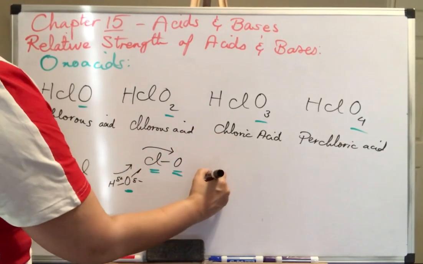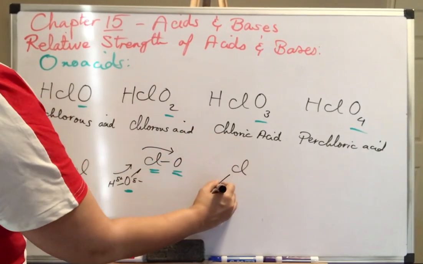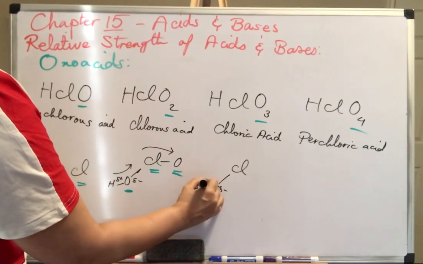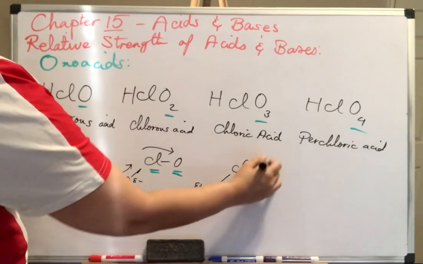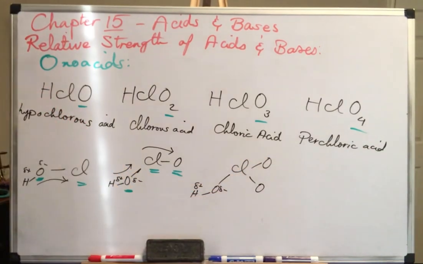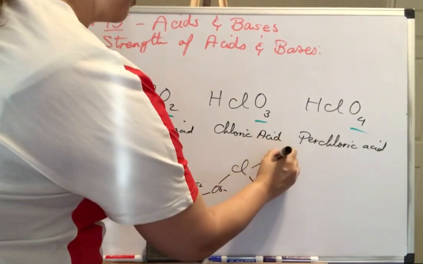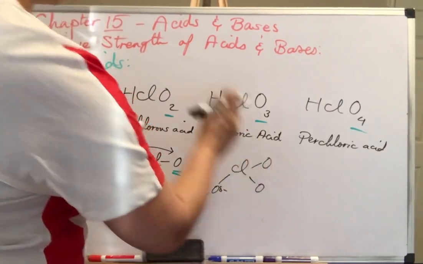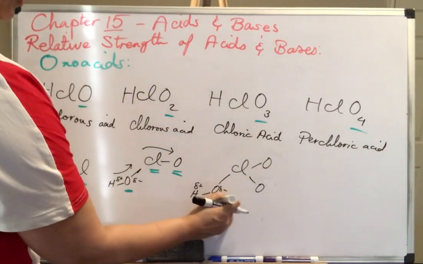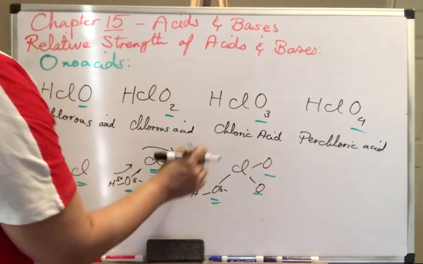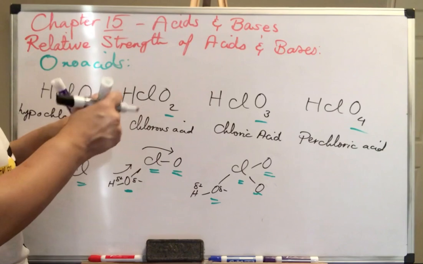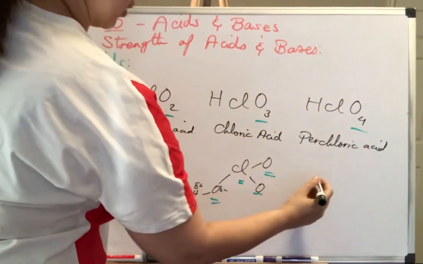But for HClO3 you have, so you see 3 oxygens and 1 chlorine are pulling. The number of electronegative elements is increasing by increasing the number of oxygens.